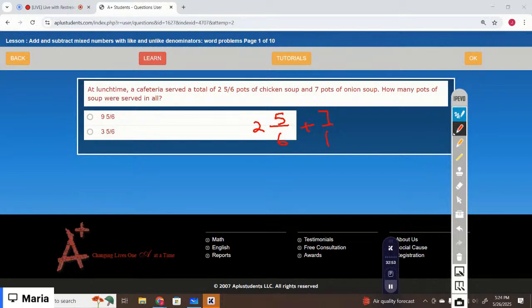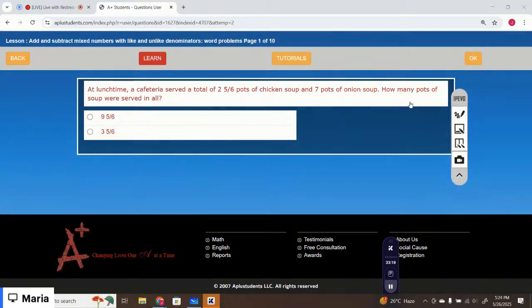So you have to add 2 whole 5/6 plus 7. We need to get the denominator 6.